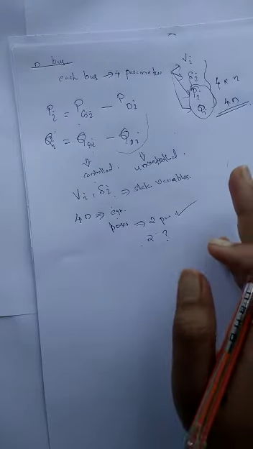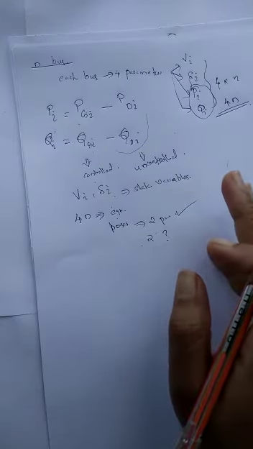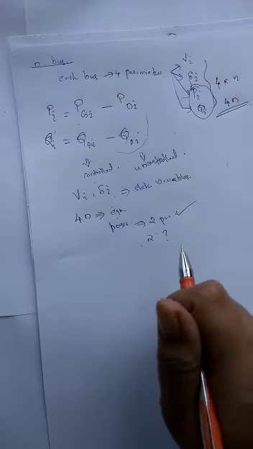Usually most of the buses will be load buses, since generators are very few in number, around 85% or 90% are load buses. So we get P and Q for the system, and we have to find out the voltage and the angle delta.